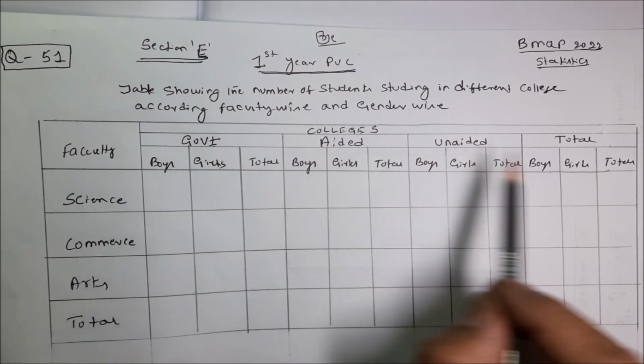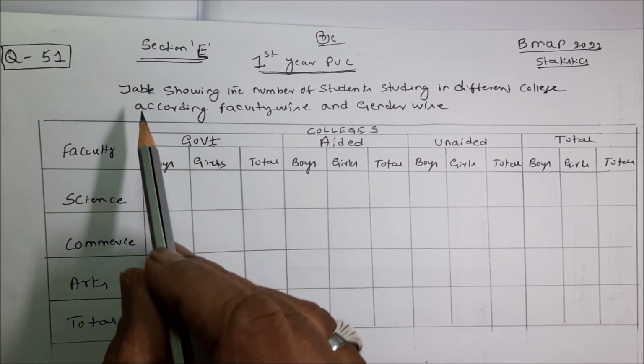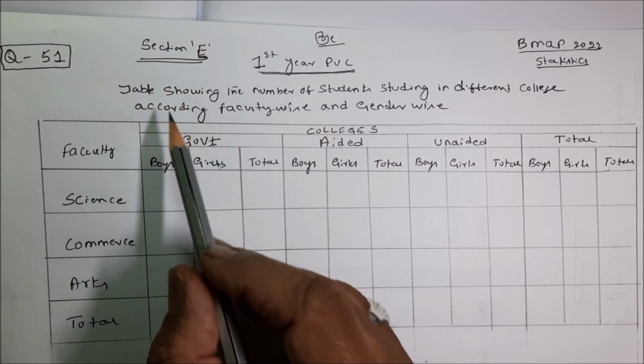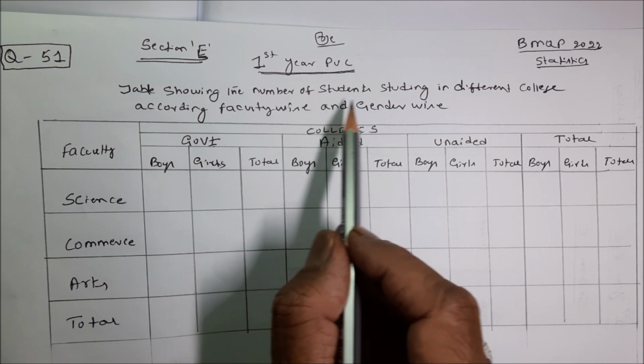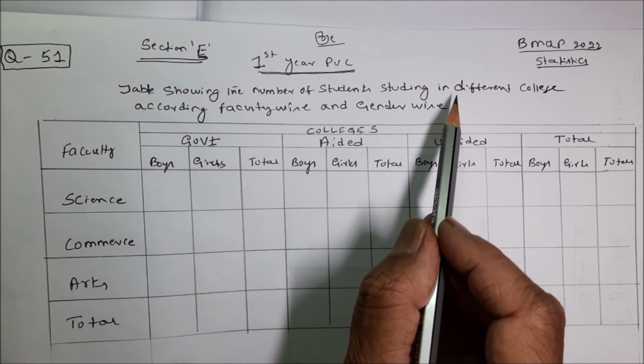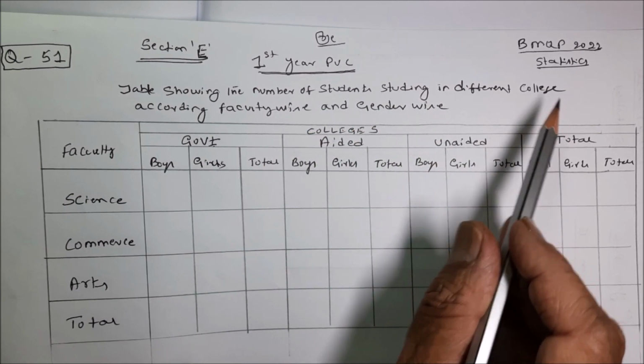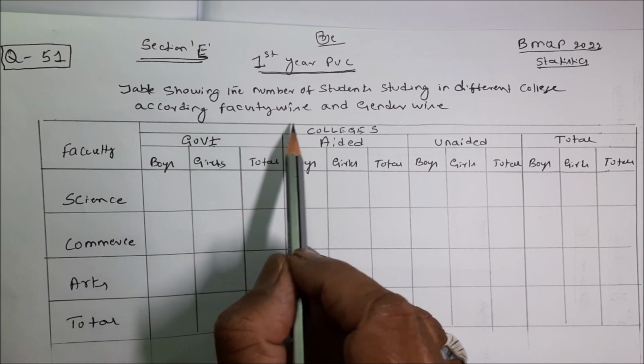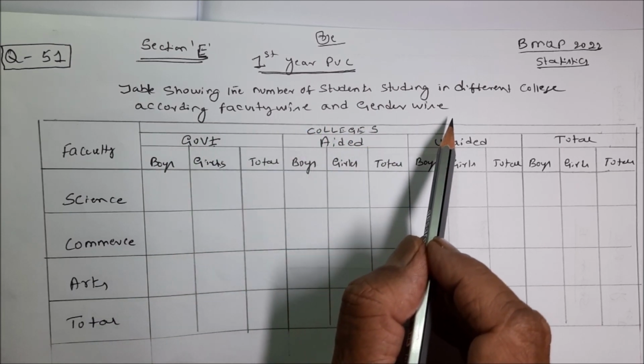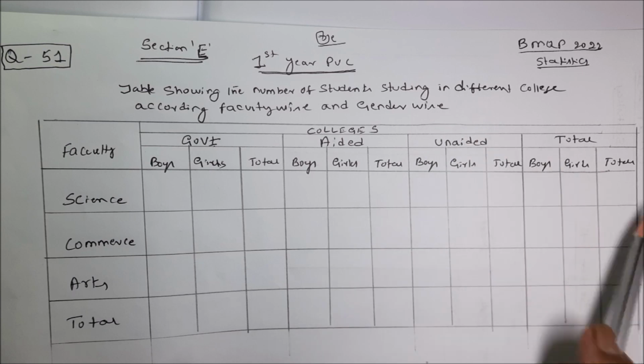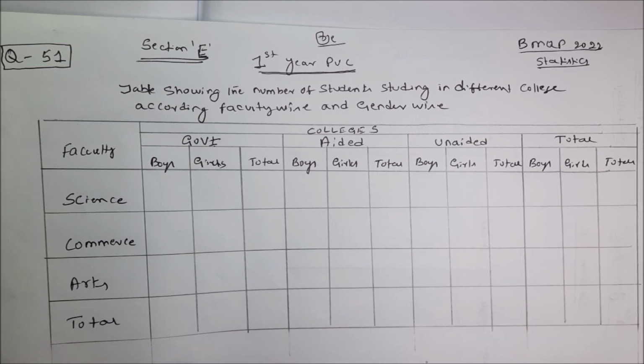But this is called the body, and you have to give the heading: table showing the number of students studying in different colleges according to faculty wise and gender wise, right?